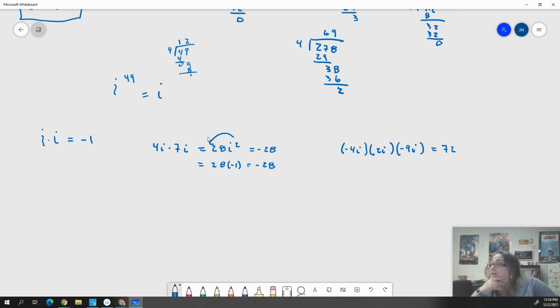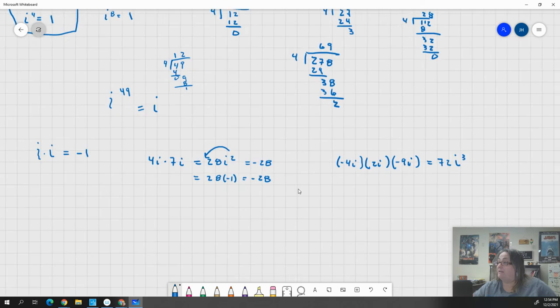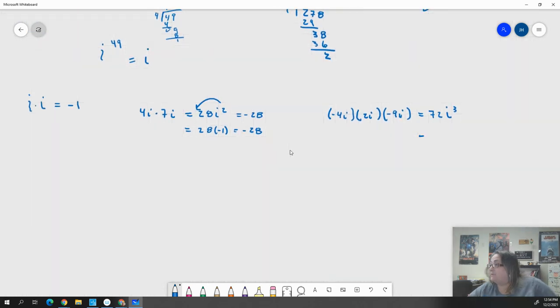And then we have i times i times i, so that's i cubed, which we know is just -i. So this is like saying 72 times -i, which is just -72i. So it's mostly treated like a variable, as long as you know that i squared just gives you -1.